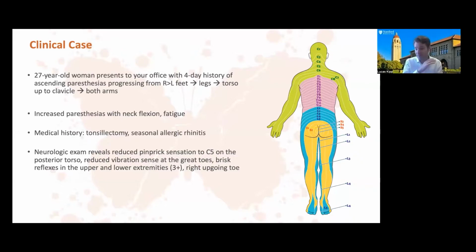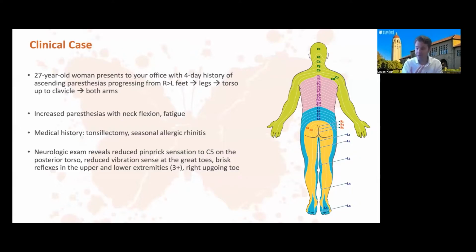For things that come on over days to weeks, those are usually inflammatory in nature, whether that's infection or autoimmune disease, etc. So the time course of these symptoms is really pointing towards an inflammatory etiology. And so just from this case alone, we think it's inflammation, we think it's spinal cord, which is called myelopathy.